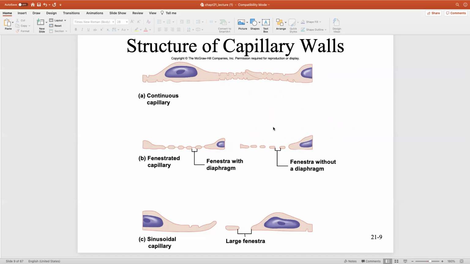The fenestra are like little windows within the cells themselves. And when it doesn't have a diaphragm, like we see on the right side right here, tripeptides and polypeptides can go right through the capillary and be introduced right into the bloodstream.